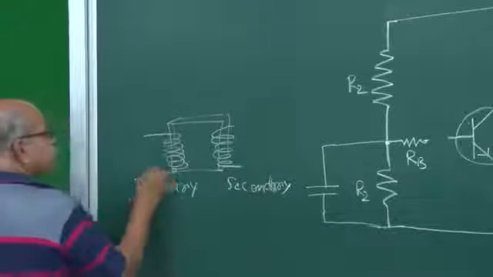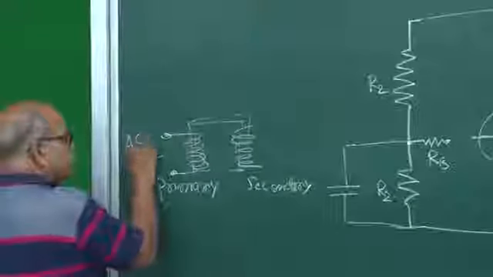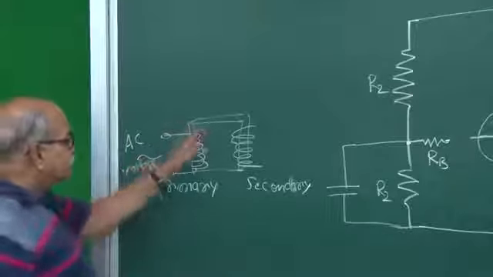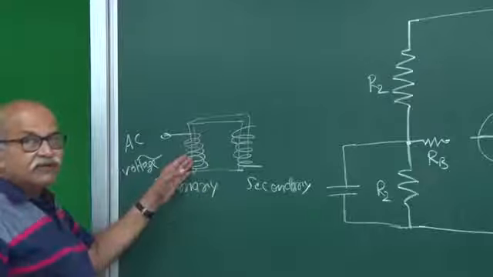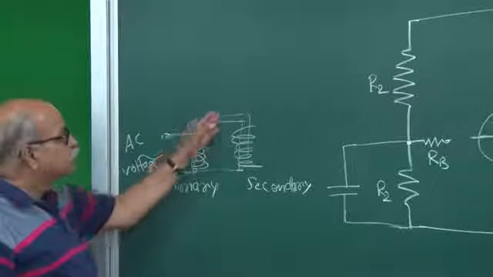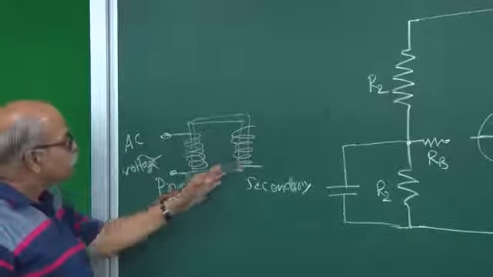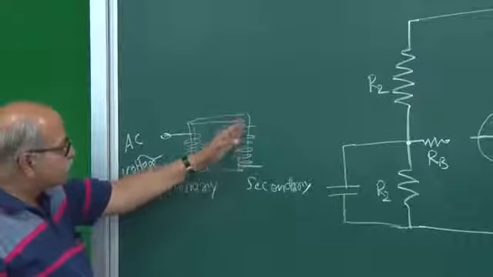Then on the primary side you supply some AC voltage, and this AC voltage drives current, and that current produces magnetic field, and since it is through that same core, whatever soft iron or core, that magnetic field also reaches here, and a flux is generated.